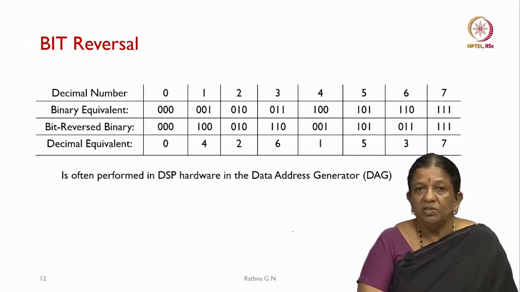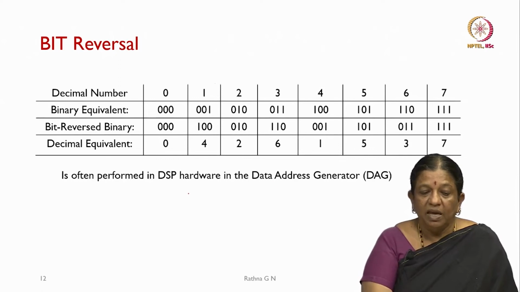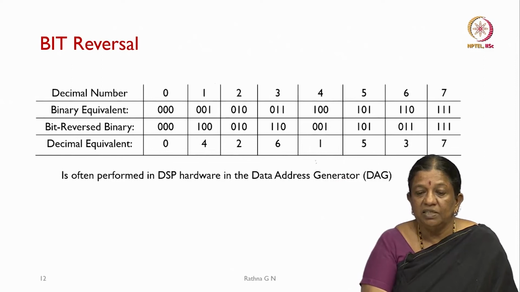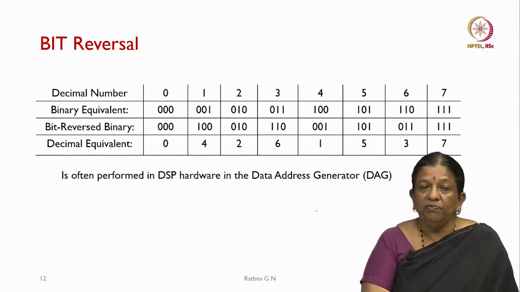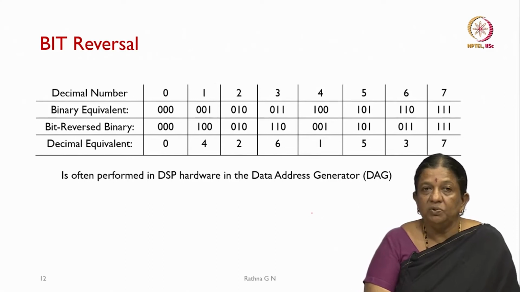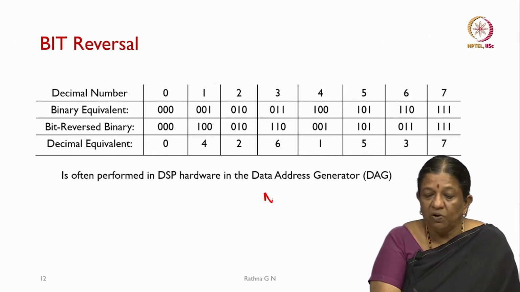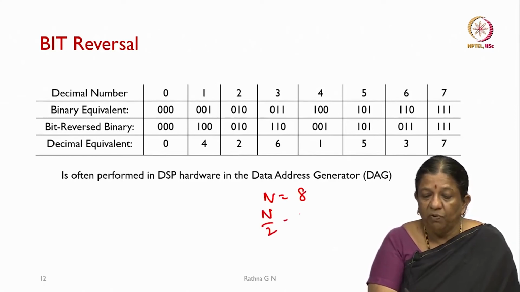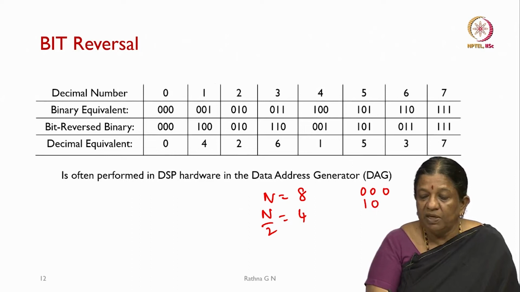As we said, in DSP hardware we use the data address generator to do that. If you recall your architecture, I had given how to do this addition in hardware. As we know, N is equal to 8 in this case, so N/2 is equal to 4. The first one we start with is 000, then we add 100, from left to right.